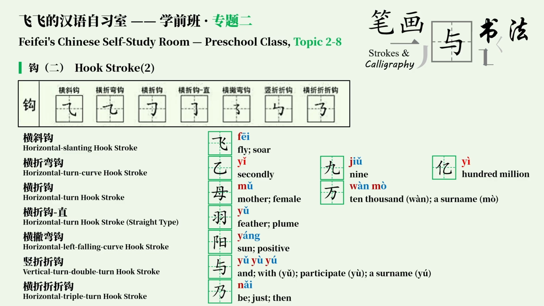Example character: 阳 meaning sun, positive. The left part of yang is a radical called 左耳刀旁 in Chinese, meaning left ear radical. And the horizontal left falling curve hook stroke is the core stroke of this radical.